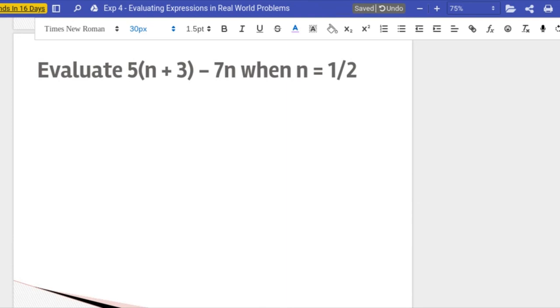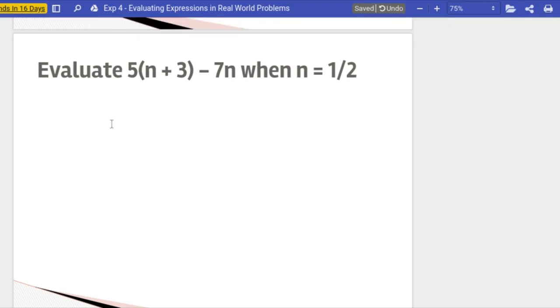Okay, let's practice with this one. We have 5 times the quantity of n plus 3, subtract 7n, where n equals 1/2. So we're going to practice with our fractions there. So I'm going to substitute 1/2 in for n.